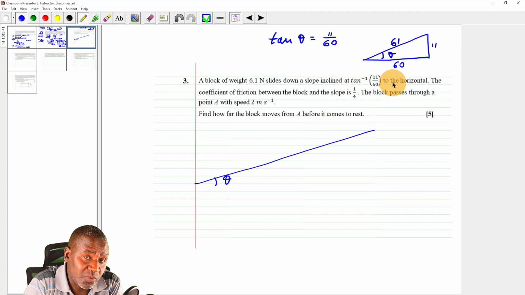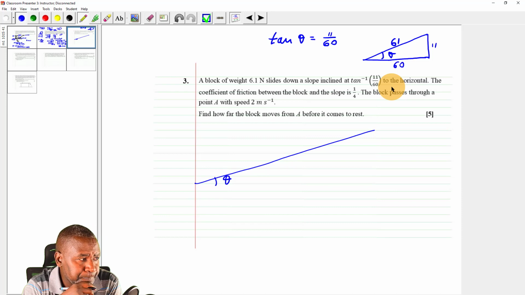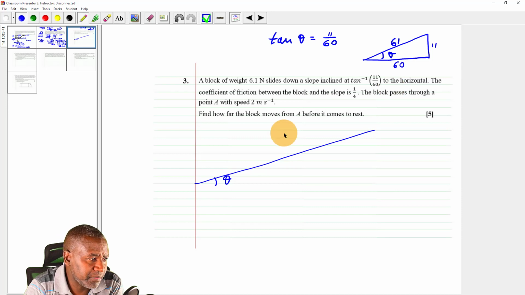So that one works so well, and I'm 100% sure that this is the method that the examiner wants us to use. The coefficient of friction between the block and the slope is 1/4. So I'm going to draw this block here. It's got a weight of 6.1 newtons, which means its mass is 0.61 kilograms.